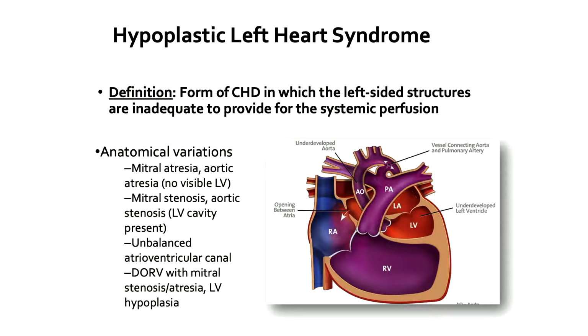So the variety of anatomical variations include the more classic, like mitral atresia, aortic atresia, where the left side of the heart is just not formed at all, to mitral stenosis and aortic atresia or stenosis, where there's perhaps a small left ventricle but clearly inadequate in its capacity to do what you expect it to do, to an unbalanced AV canal or AV septal defect, and other more complex forms, such as where there might be conotruncal anomalies of, say, double outlet right ventricle, where the left side is not formed either. All of these categorically are under the heading of hypoplastic left heart syndrome, with many genetic mechanisms that lead to these different conditions.